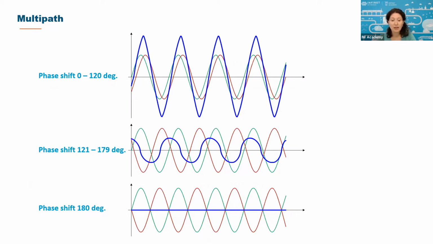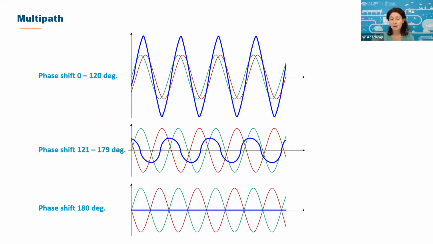In the figure, the red and green lines show the copies of the signal on the receiving side, phase shifted due to having different propagation times, and the blue line shows the resulting signal. In the first case, the phase shift of the signal is between 0 and 120 degrees, so the resulting amplitude exceeds each of the received copies.